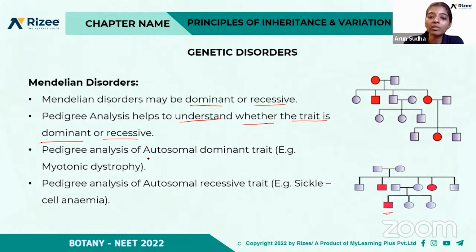Okay, so these terms are more important: autosomes, then dominant or recessive. When you study a particular disorder, we have to be clear whether it is dominant or recessive and how it is inherited. So these aspects are more important when you study a particular disorder. Okay.